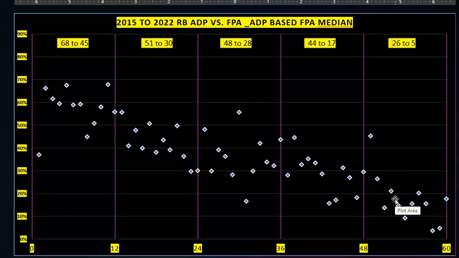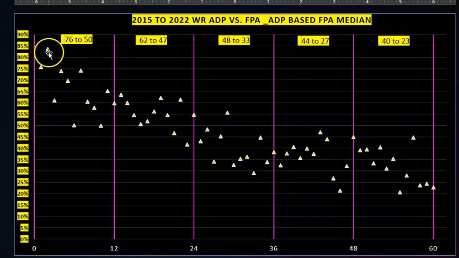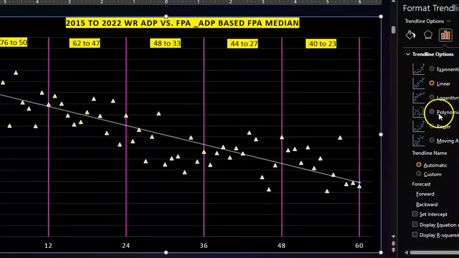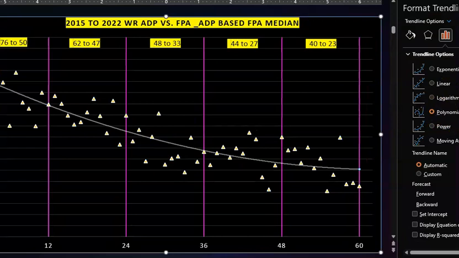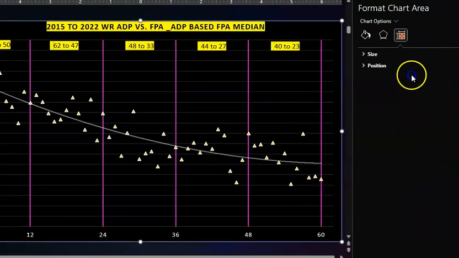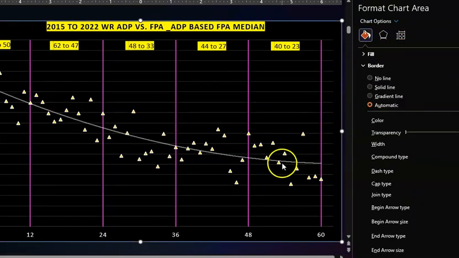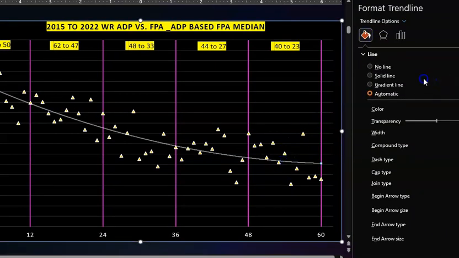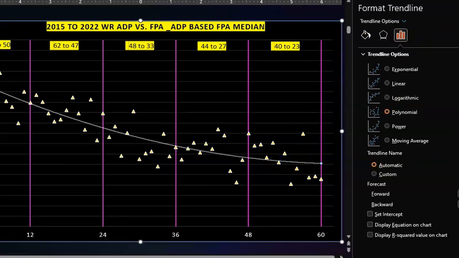If we did a trend line here, can I do a trend line here? Let's do a polynomial.